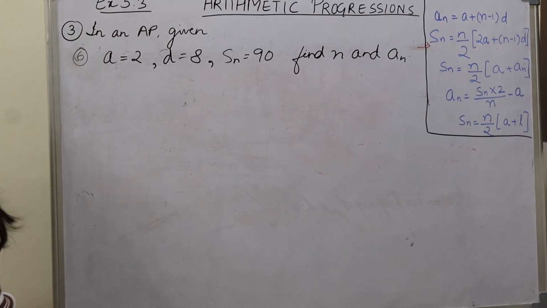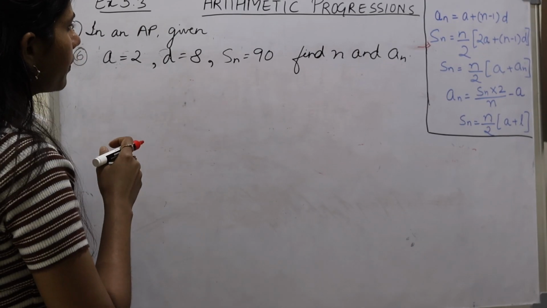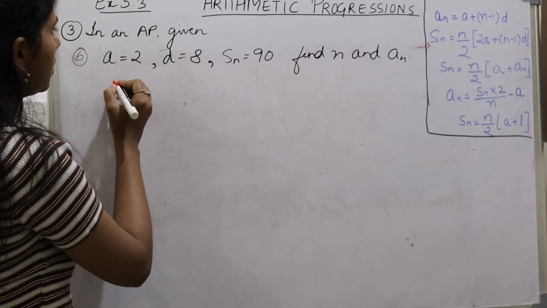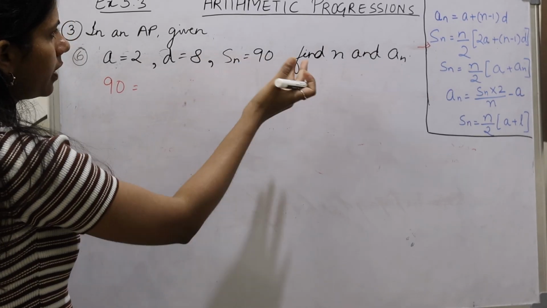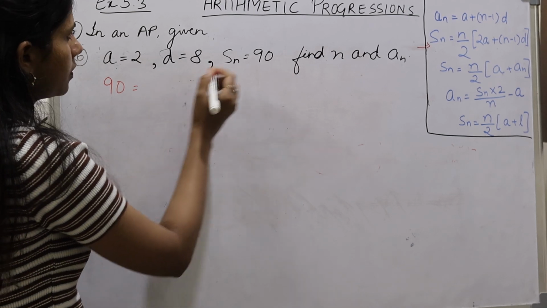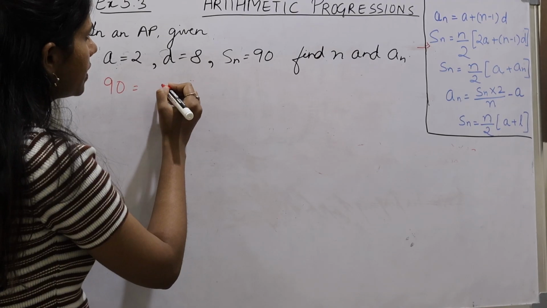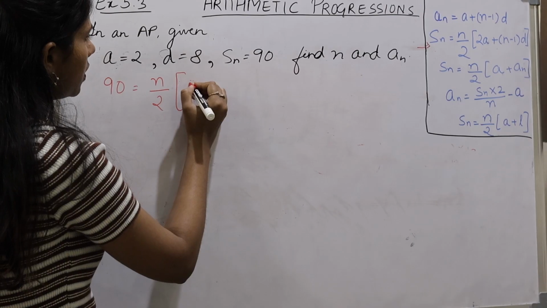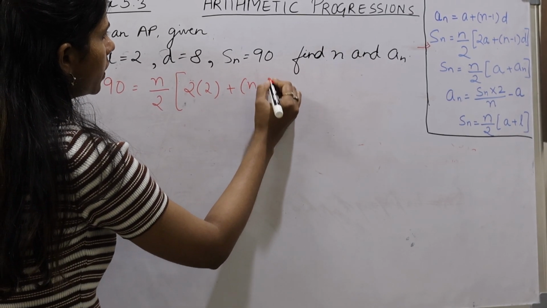Okay. So see, what we will do, we will try to use this formula. So 90 equal to, see, because we have everything except n, we will use whatever is given. So n is unknown here. Okay. Now n by 2 into (2 times 2 plus (n minus 1)).